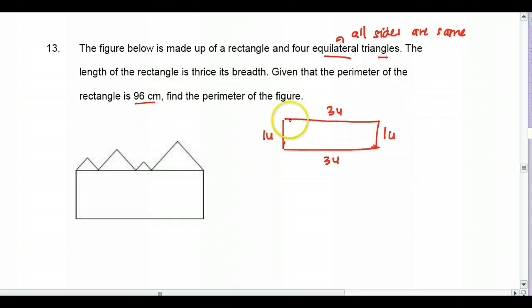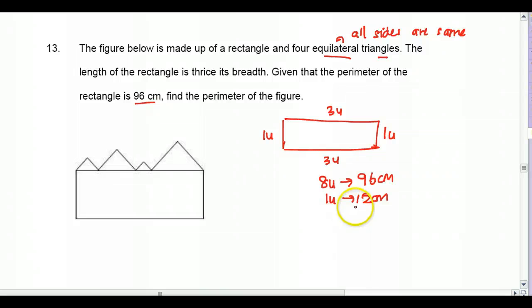Okay, so perimeter is the outline. So altogether I have 3, 1, 3, 1. So altogether I would have 8 units, which is my 96 cm. Therefore 1 unit is my 12 cm.